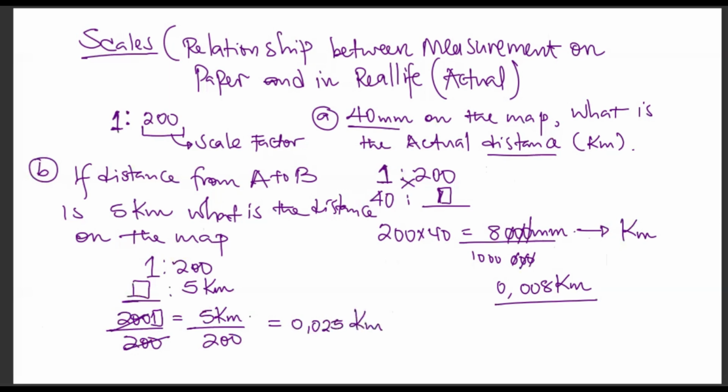These are kilometers. It's either you change it to millimeters or you change to centimeters. If you change to millimeters, you're going to multiply by a million. If you change to centimeters, you're multiplying by 100,000.